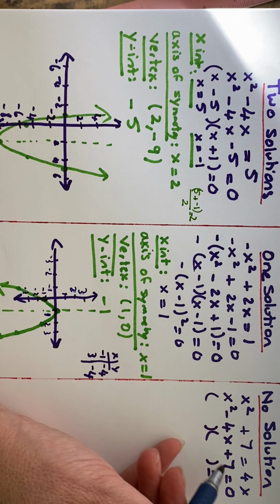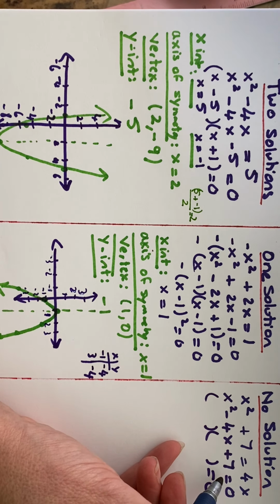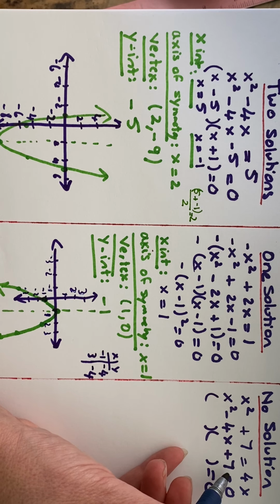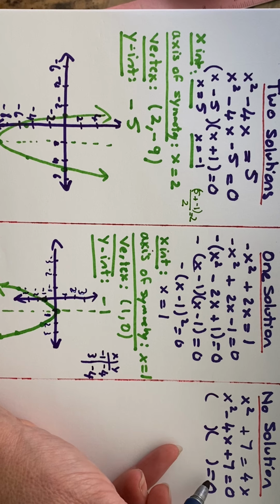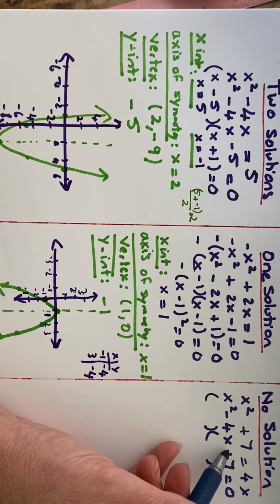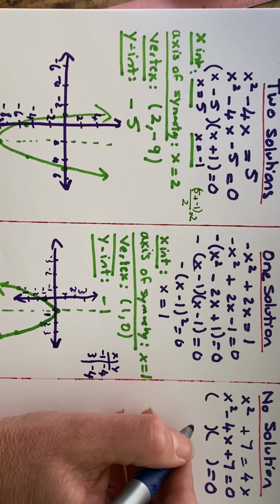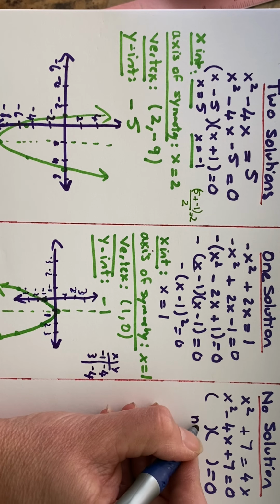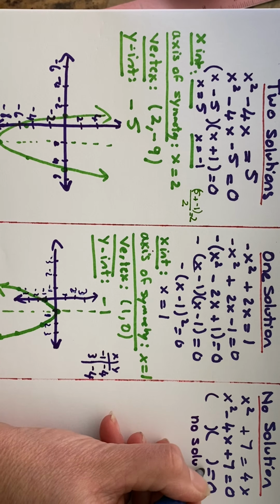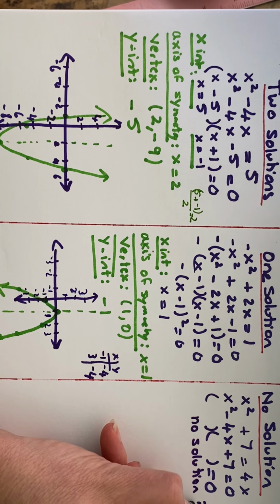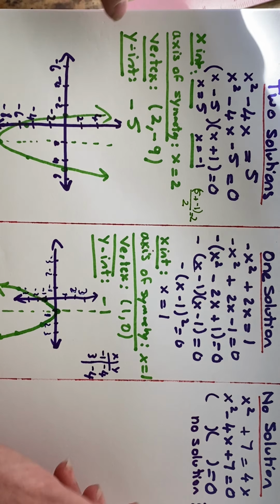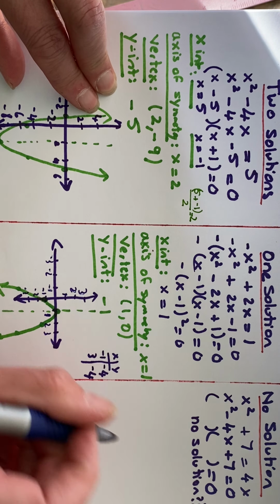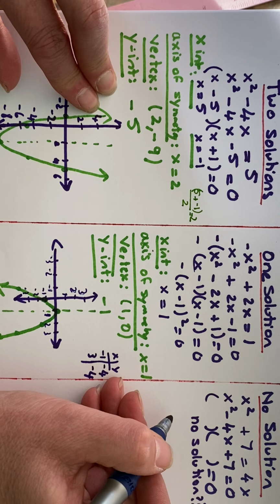I could look at it a long time, but really it doesn't take that long to see that the only possible factors are 7 and 1, or -1 and -7, and there is no way those are going to add up to -4. So it looks like a no solution, but to be sure, I have to graph it. So I'm going to say no solution question mark because I can't prove it really unless I have the quadratic equation. So right now I have no x-intercepts.